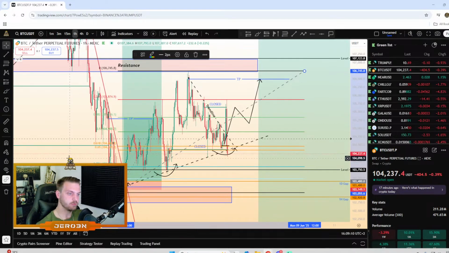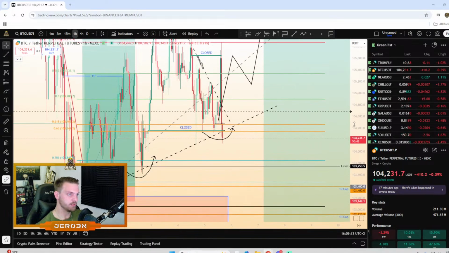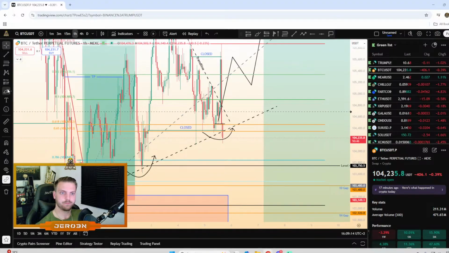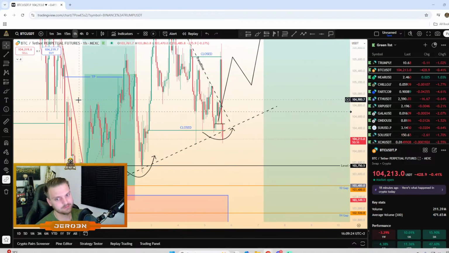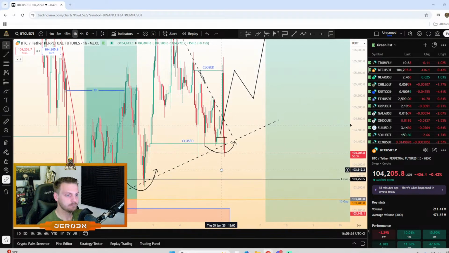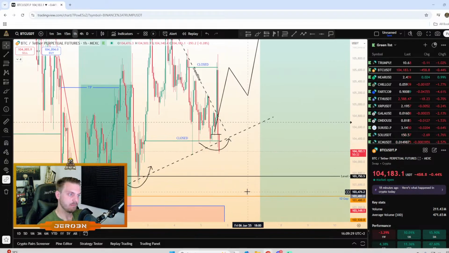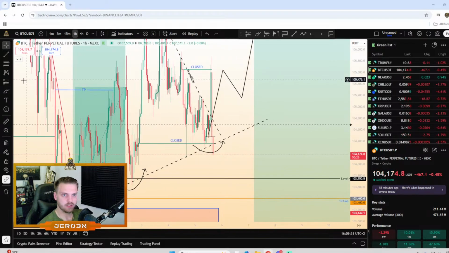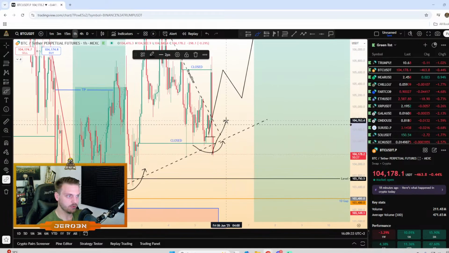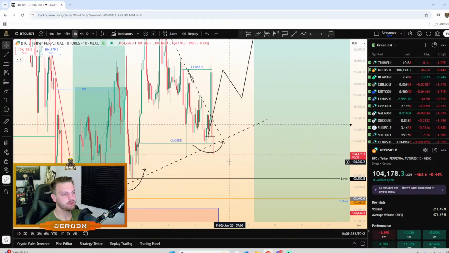Then we just missed the golden pocket. Well, we didn't miss it, it just went through. I don't trade on Fibonacci, by the way. So on the hourly, I need Bitcoin to be regaining this in the next coming hour.